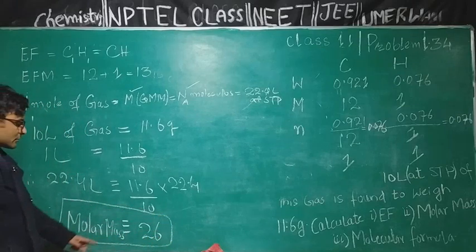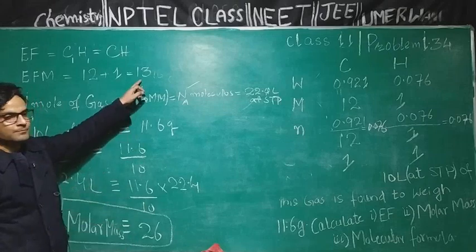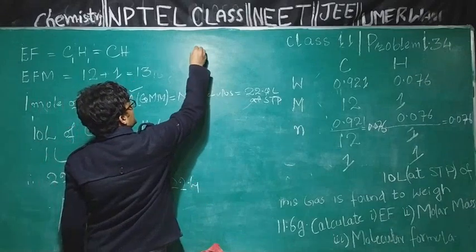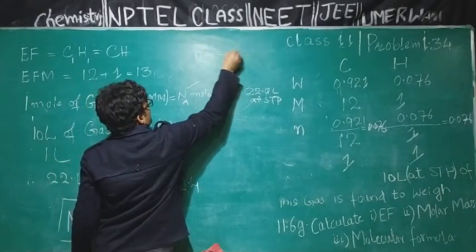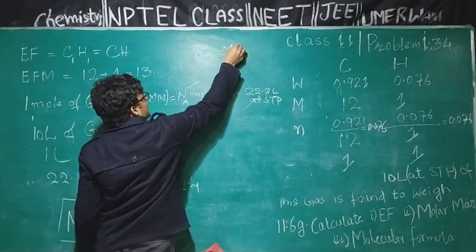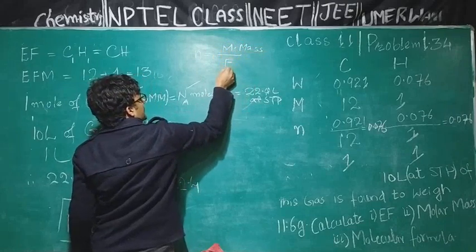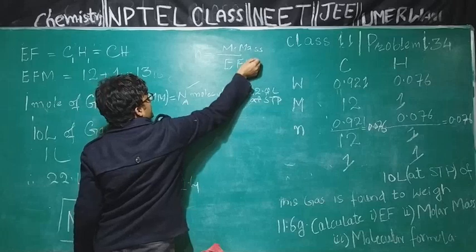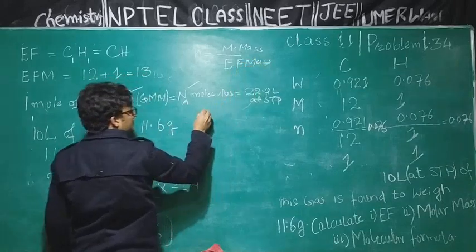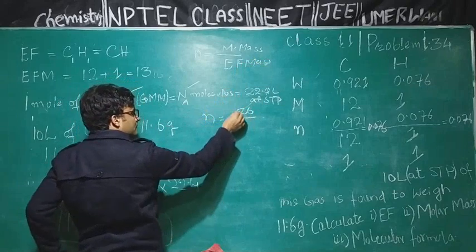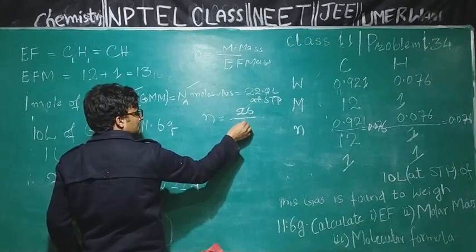Now for this hydrocarbon I have the molar mass and I have the empirical formula mass. I will first calculate the common factor. The common factor is represented by N and it is equal to the ratio of molar mass and empirical formula mass. The molar mass is 26, the empirical formula mass is 13.